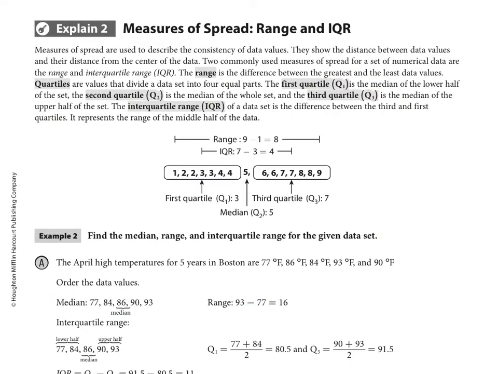All right, now this second way to measure data is not necessarily by the middle, but by how consistent the data is. When we talk about consistency, we call that the measure of spread, and it's basically how compact the data is. Think about test scores in a class.